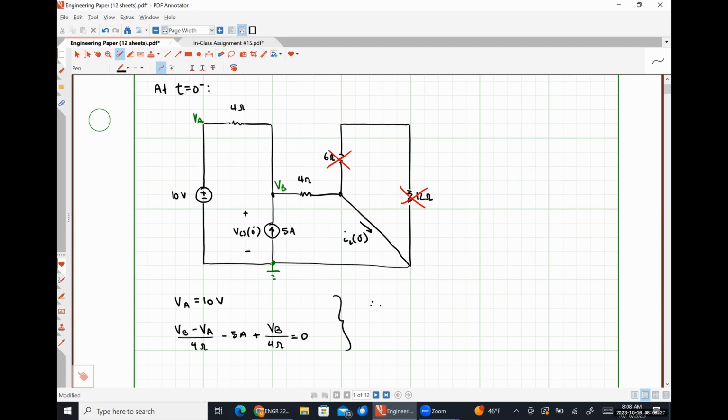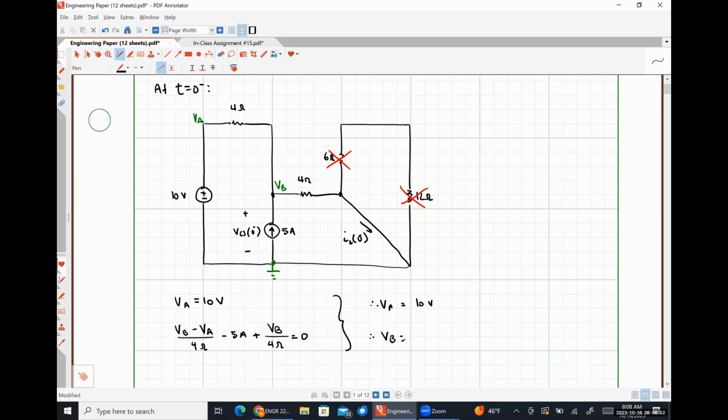Solving this system of equations, we will find that VA is obviously 10 volts. And I can't do this in my head, so let me throw it into my calculator. I'm doing this as a 2x2 system because I am indeed that lazy. My first equation is 1 VA plus 0 VB is equal to 10.